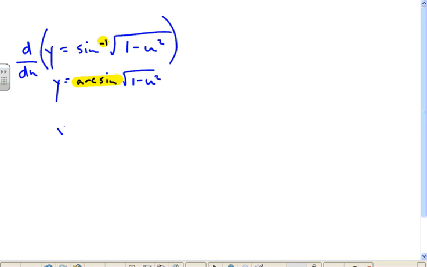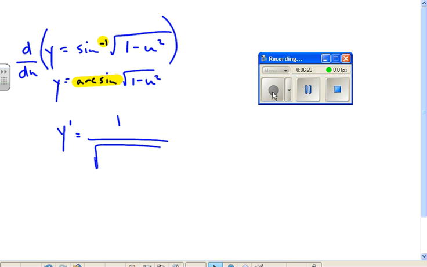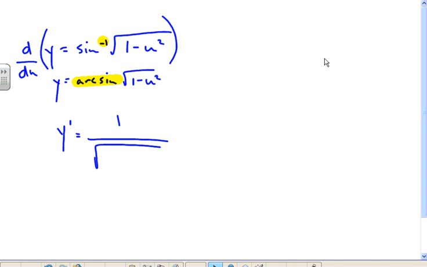What we have is y prime, the derivative of inverse sine of x, which is 1 over the square root of 1 minus the quantity, whatever is inside here. This is what our u is.